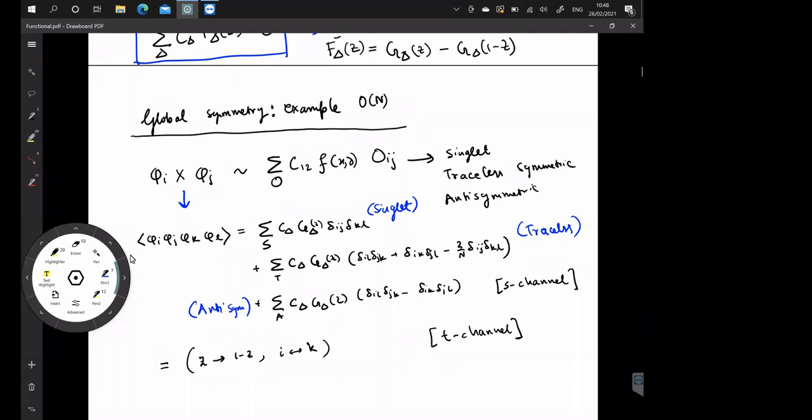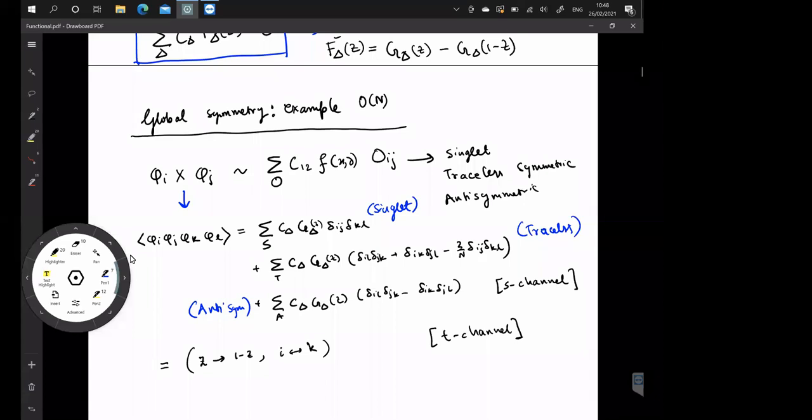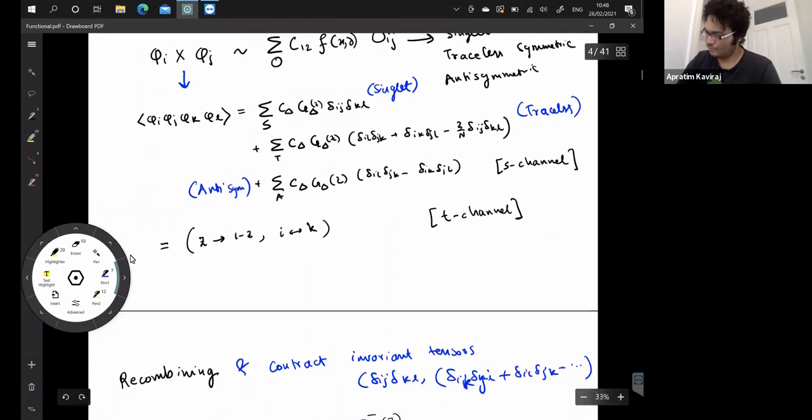In the second step, you're saying that i and j, when they fuse, go into the irreps again. Exactly. It's just like the case without global symmetry, but you get singlet, symmetric and antisymmetric, different tensor structures. Okay, great.